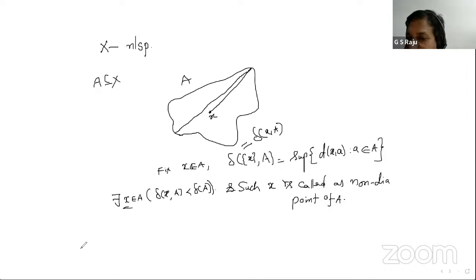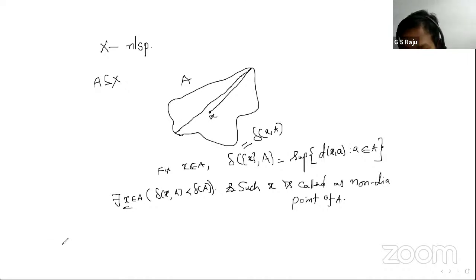The quick result says that if our A possesses at least one non-diametral point, then a non-expansive mapping will have a fixed point. I will complete the statement.